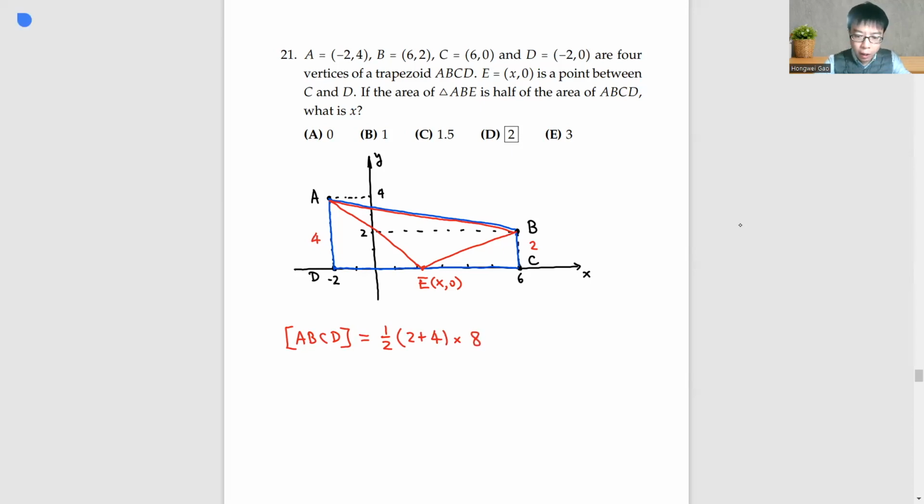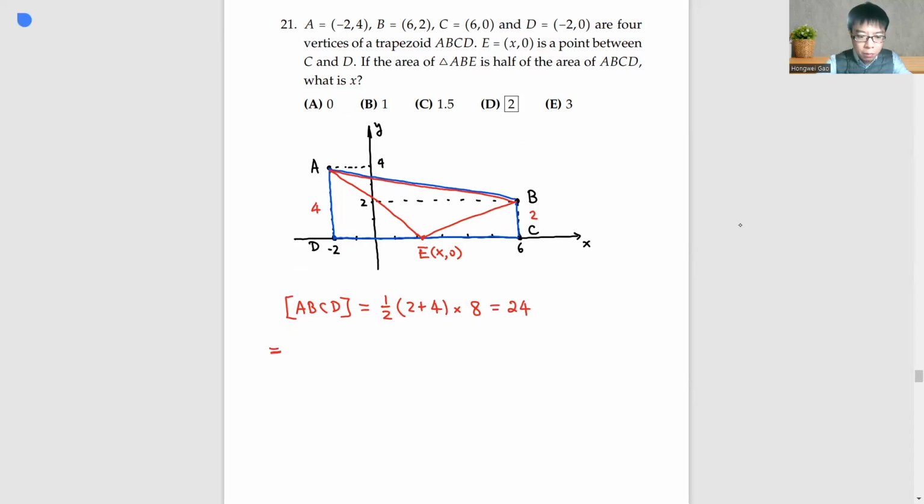So the area equals 24. So that means the triangle ABE has half of the area, which is 12. But the difficulty is here, for triangle ABE, the sides are tilted.